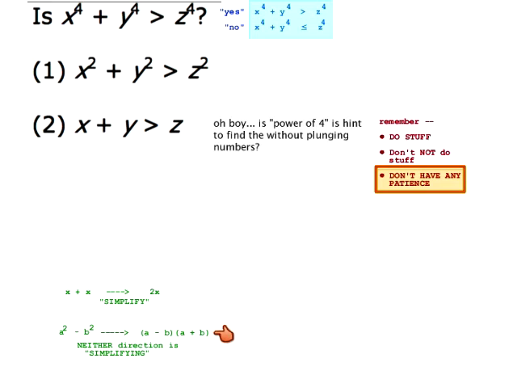Stuff like this you do only if you have a reason to do it, whereas things like this you just do. You just do them and then you turn your brain on. It's a big difference. So it should be pretty obvious that there's not really any way to simplify this or this. I can't even think of anything algebraically to do with them at all, but there's definitely no way to simplify them. So that much should be clear.